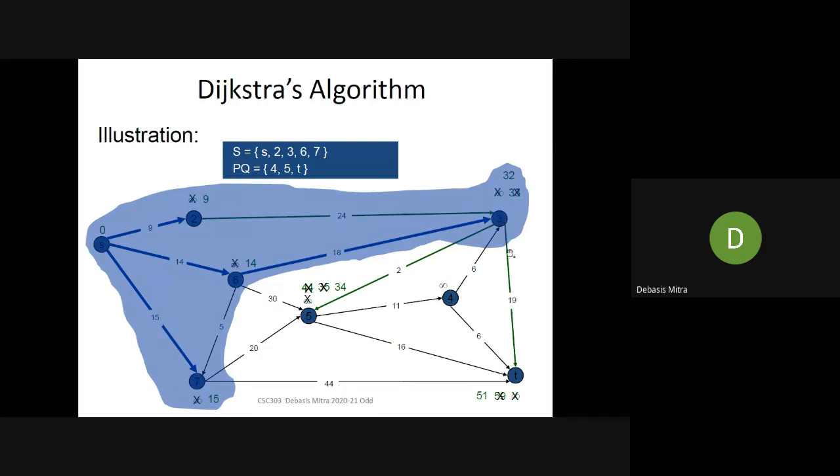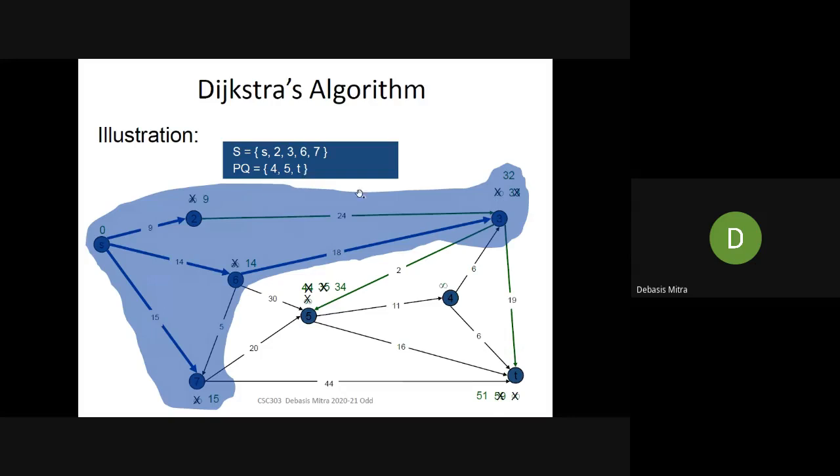From 3, t is adjacent. So d value of t will be updated to 51 because it was 59 earlier. Now through this path it will be 32 plus 19, which is 51. So it will be updated.